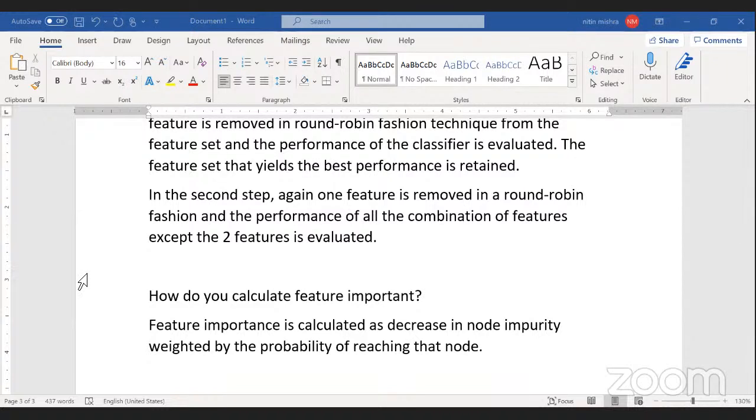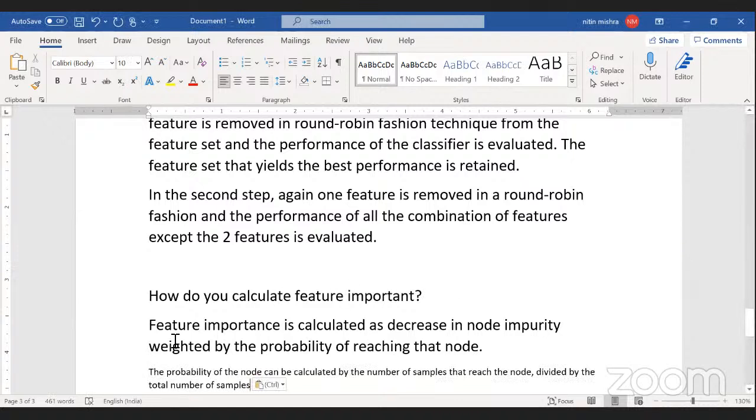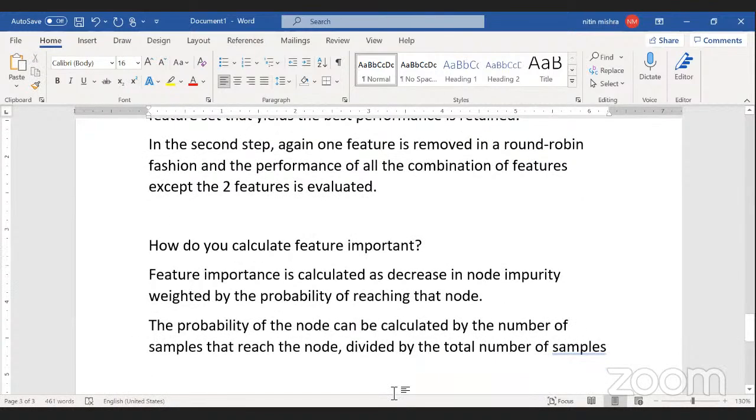And what about the probability? All right, what is the probability associated with that? So the probability of the node can be calculated by the number of samples that reach the node divided by the total number of samples.